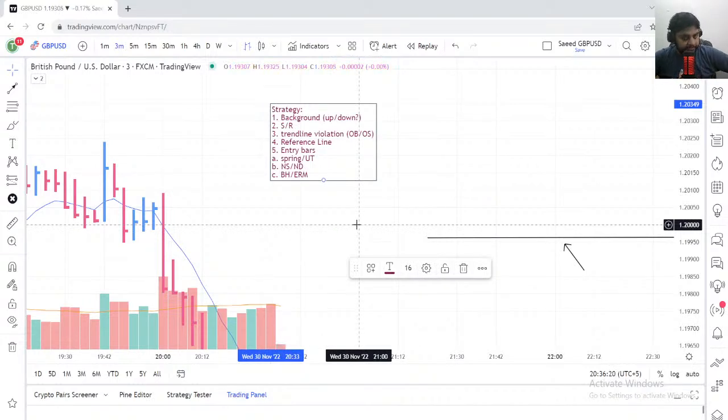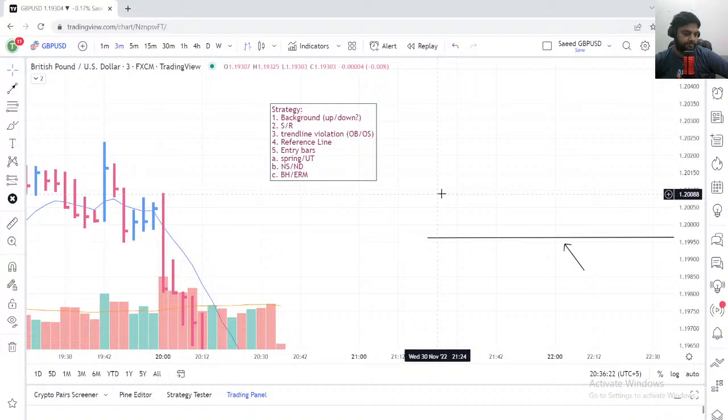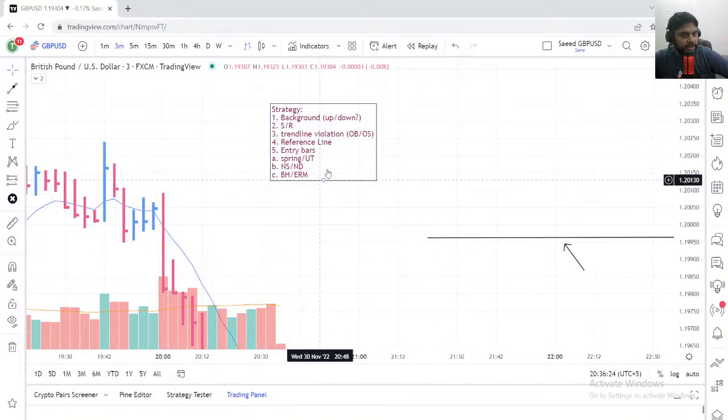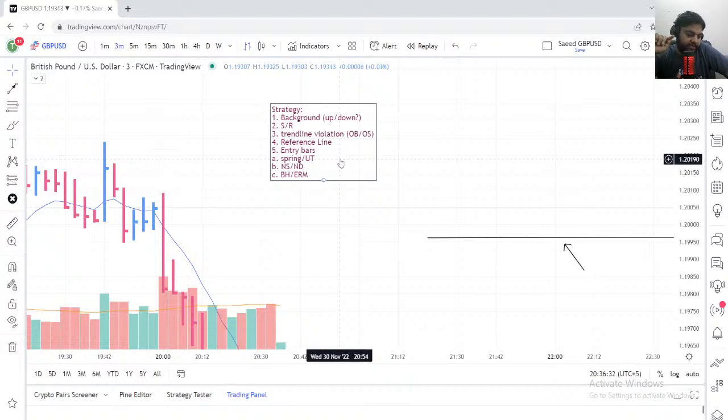A very simple strategy I'm giving you. Please note down this strategy. If you follow this strategy to the letter and in spirit, I assure you, you are going to make a ton of money from the markets. The strategy works, but you have to practice this strategy over and over again. I have practiced this strategy thousands of times.